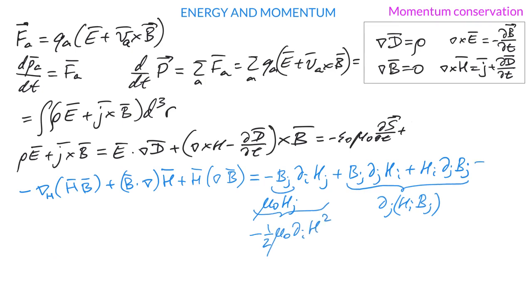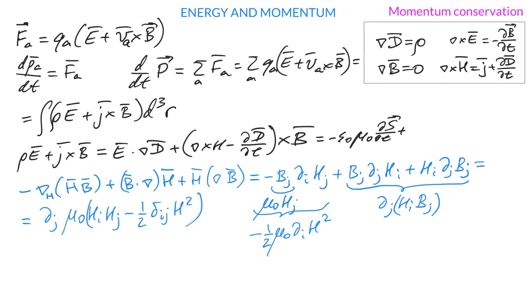And then this whole expression can be written as a divergence of a second rank tensor. So we can write del j, mu naught Hi Hj minus 1/2 delta ij H squared.